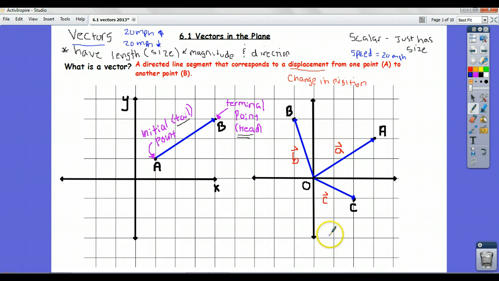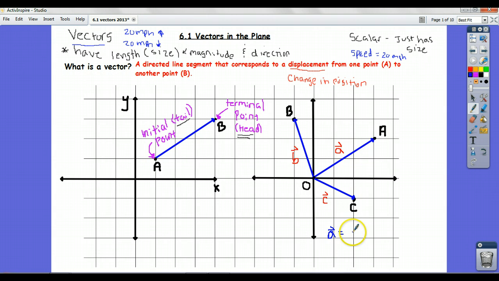Let's look at vector A here. One way to name it is just give it a letter and put an arrow over it, or a half arrow.